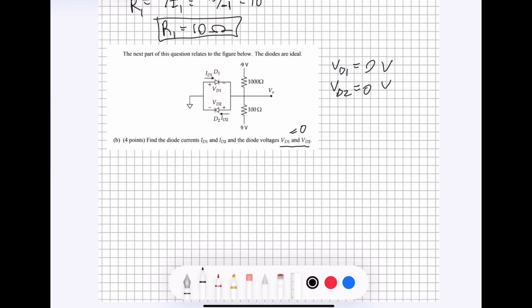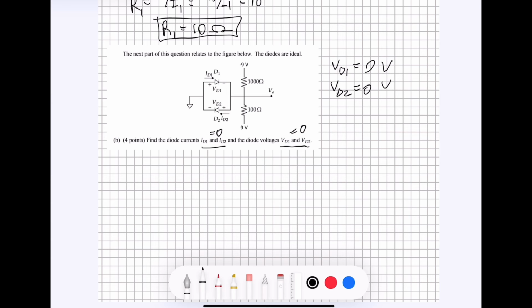So one of these two currents has to be equal to 0, and the other one has to be non-zero if there's a current present at all. All right, now that we've determined this, we know that 3 out of our 4 answers are going to be equal to 0. That makes it easier to solve for our very last diode current. As of right now, we don't know which diode current it is, whether it's ID1 or ID2, but we know that one of them has a possibility of being non-zero.